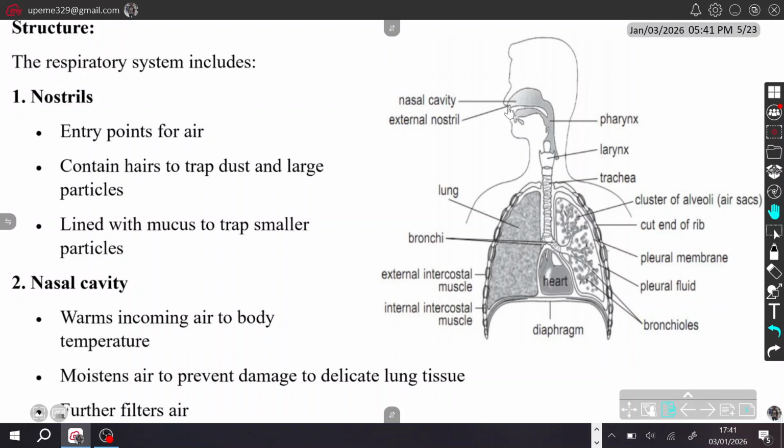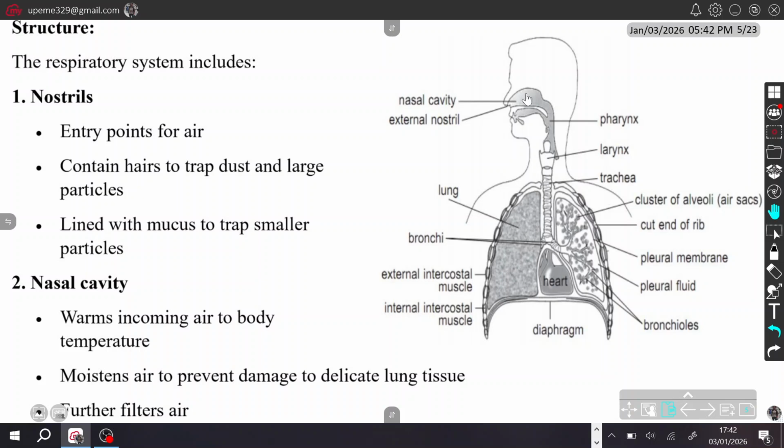Then next we talk about the nasal cavity. After the nostrils, there's that whole space there. That space is the nasal cavity. The nasal cavity warms incoming air to body temperature. So when air reaches there, it has to be warmed so that it reaches body temperature.